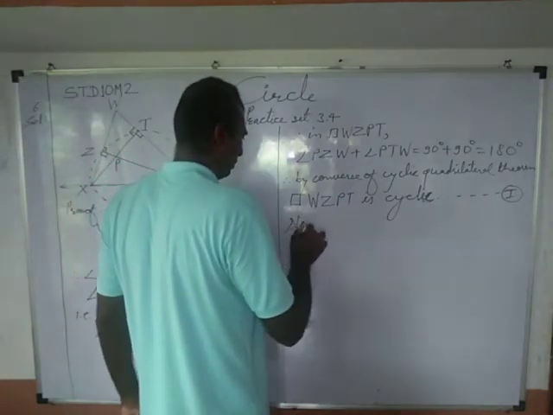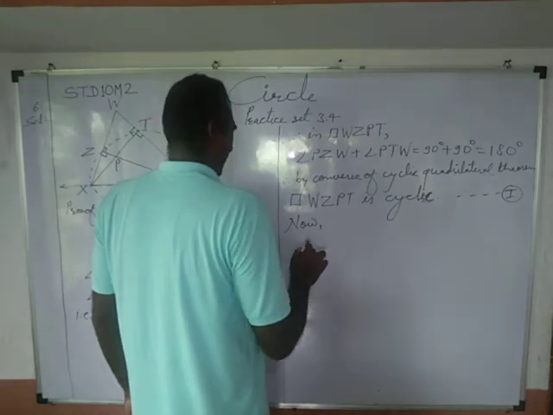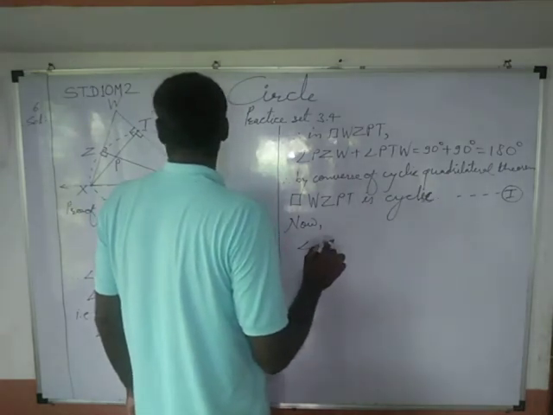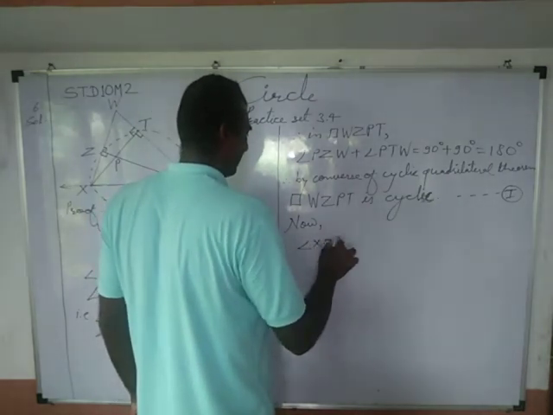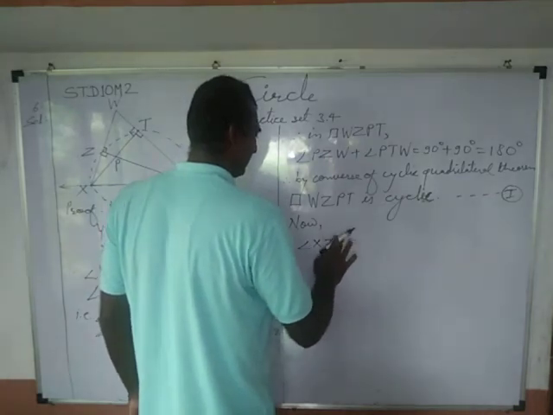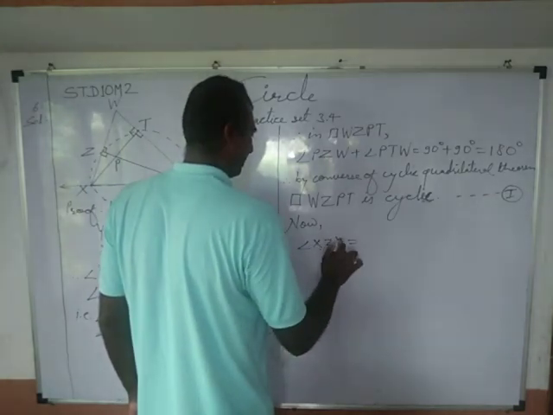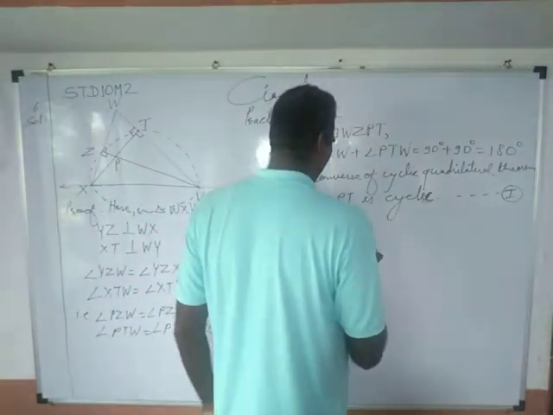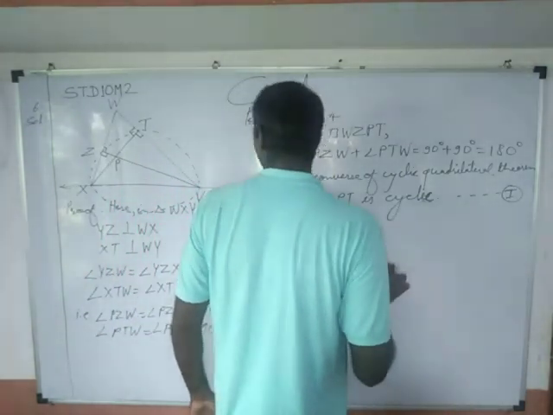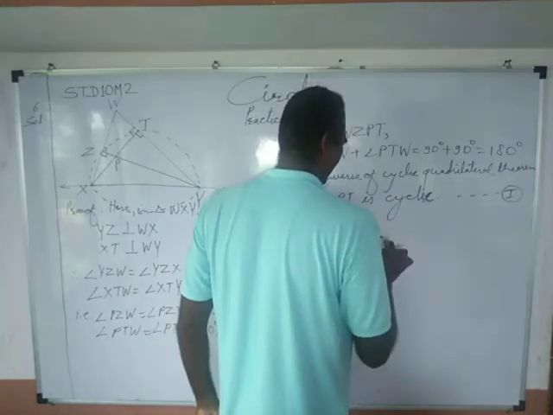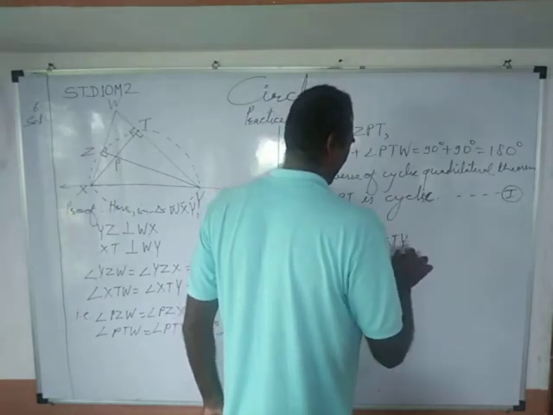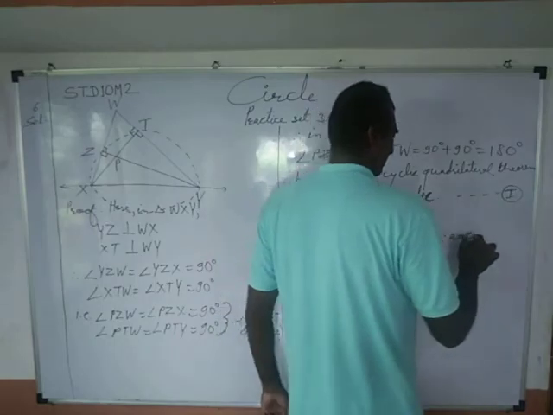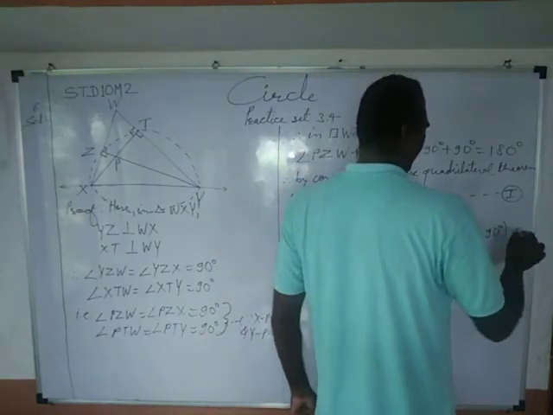Now angle XZY is congruent to angle XTY, since each is 90 degree.